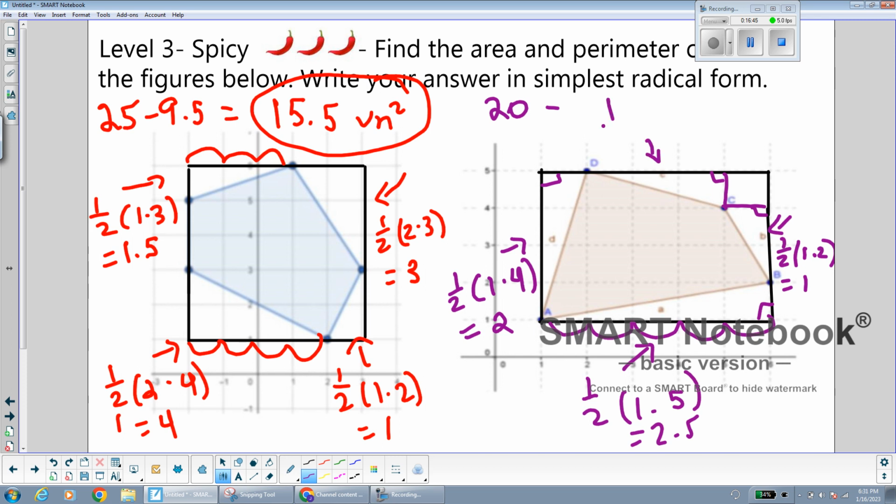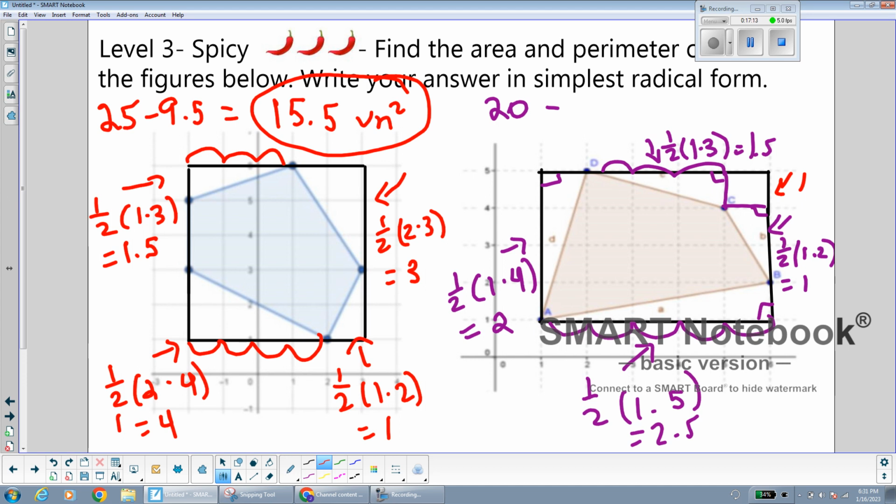And over here, that's half of 1 times 1, 2, 3. So half of 3 is 1.5. And then the square is a 1 by 1 square, so the area is just 1. So let me add the areas of these right triangles and the square together.